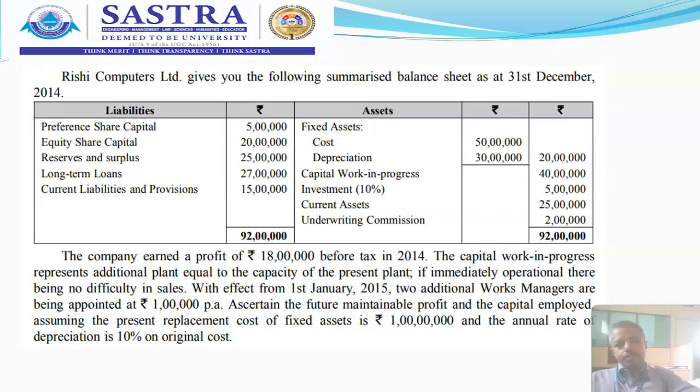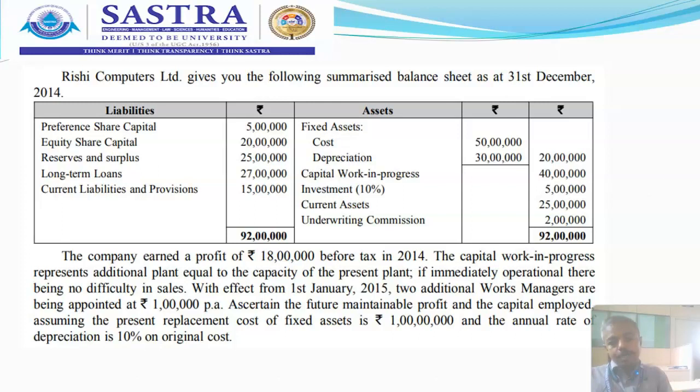Receipt Computers Limited gives you the following summarized balance sheet as on 31st December. They have given you the list of assets and liabilities. The assets are fixed assets. The cost of fixed assets is 50 lakhs, accumulated depreciation 30 lakhs, and the net fixed assets value is 20 lakhs.